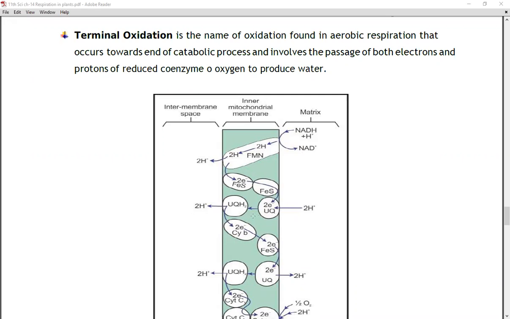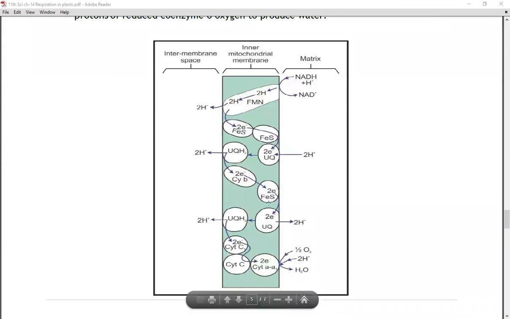Now the other two leftover electrons are passed to the cytochrome B, which is simply denoted as CYB, right? This cytochrome B is going to pass these two electrons again to the next carrier, that is FeS. And further it is going to pass to the third complex, which is the UQ, that is ubiquinone.